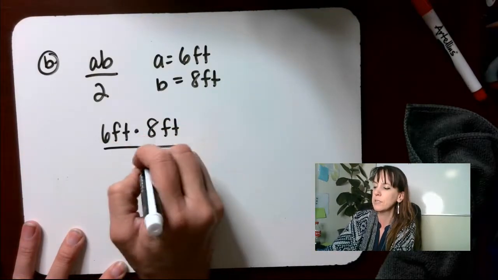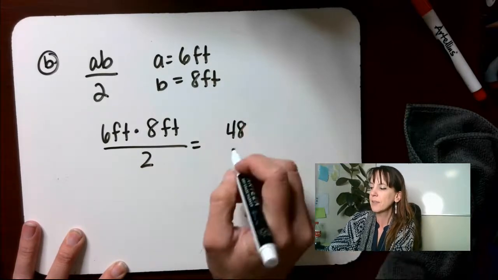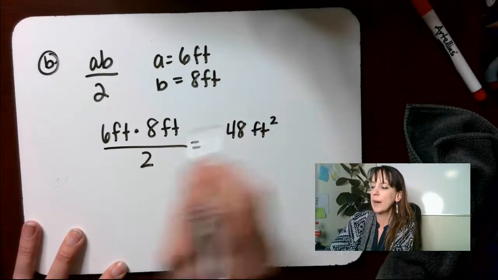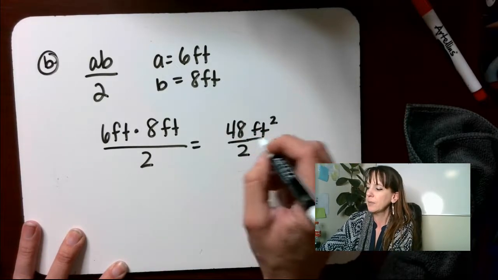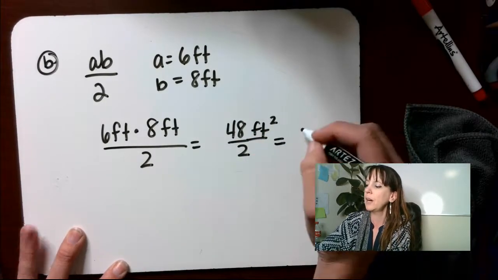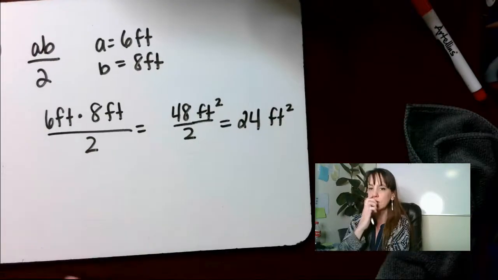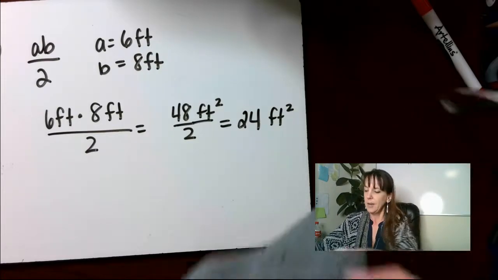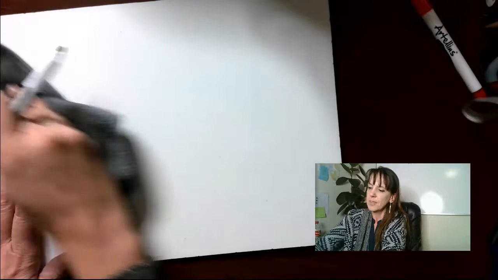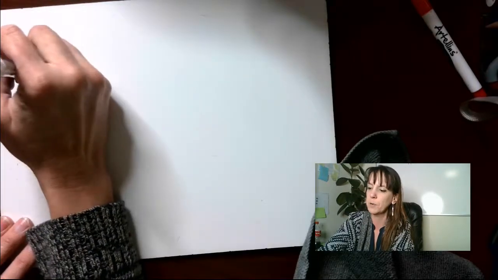And whatever that number is, we're going to divide that by 2. 6 times 8 is 48 feet squared, because we have feet times feet. Divide that by 2, and we end up with 24 feet squared. Okay, so for C, I'll come around and check those, because those can be different depending on how you're doing that. So make sure that this is at the top of your homework.